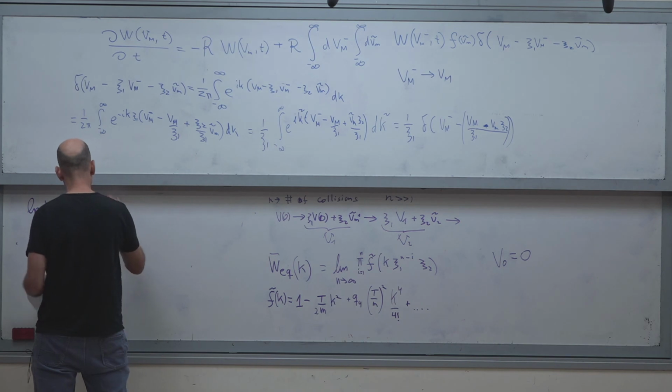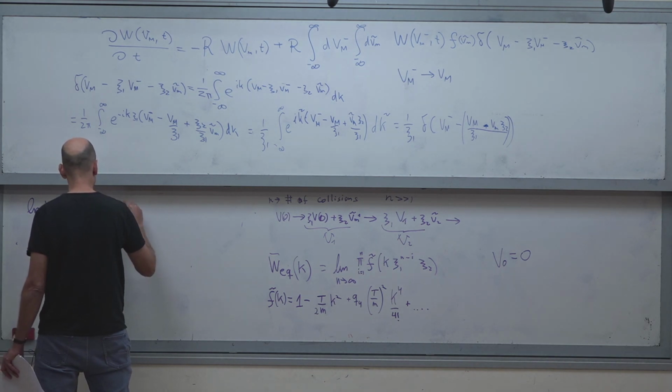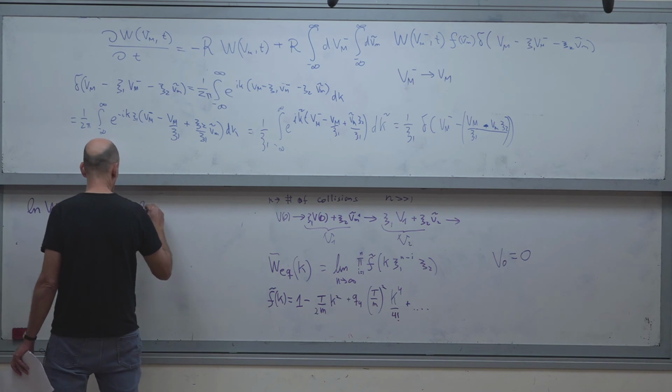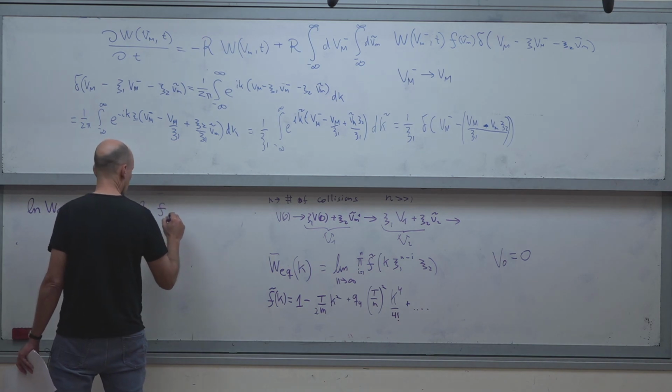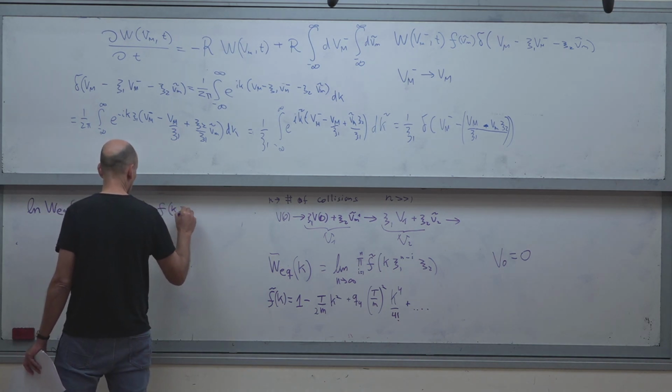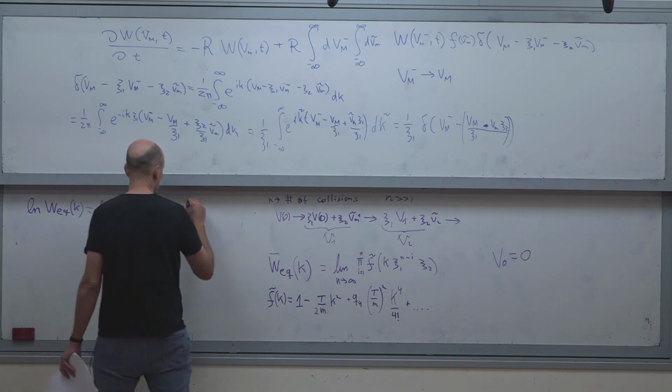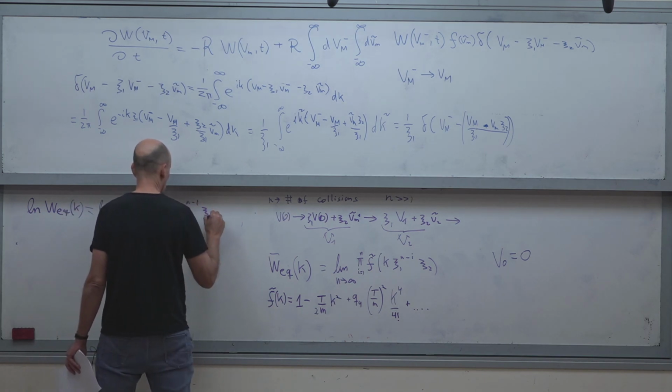Let's write it as n. Okay, limit n to infinity, the sum i equal 1 till n, log of f k psi 1 to the n minus i psi 2.